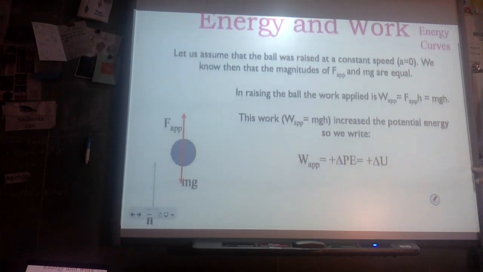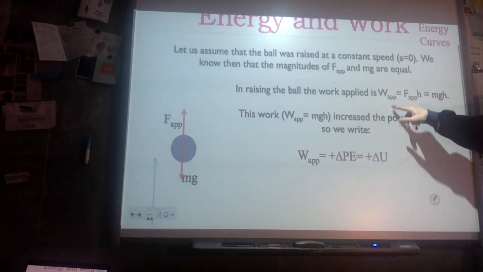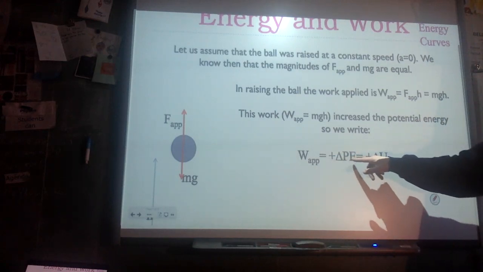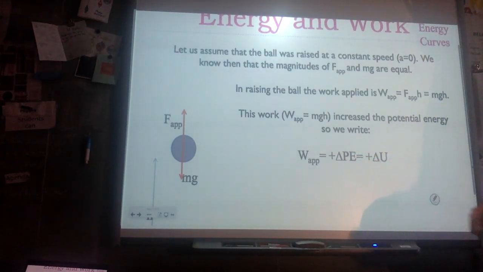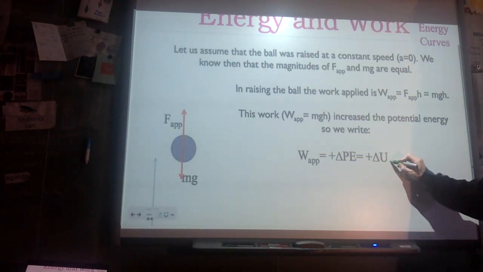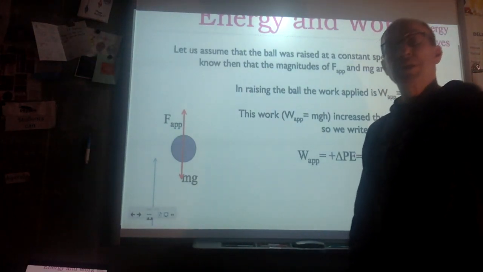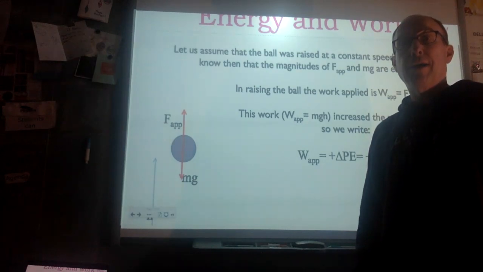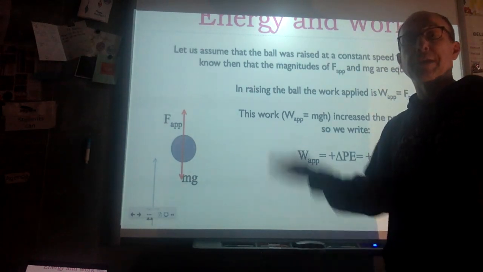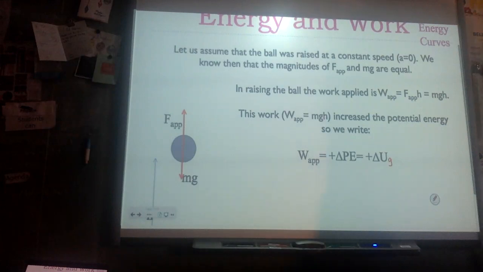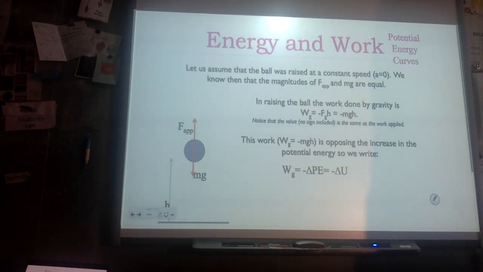And I know that my work applied is going to be equal to my change in potential energy, which we write as delta U little g. And we're going to keep big G for when we're talking about things that are on asteroids or on planets, where we're really changing what our gravitational field is while we go.